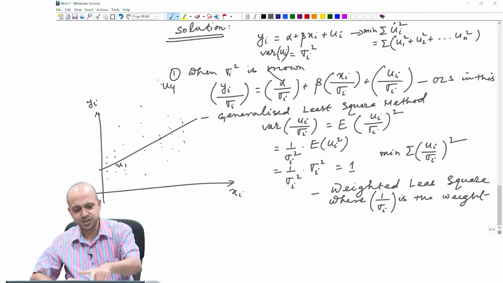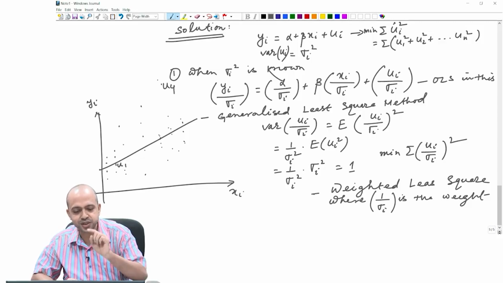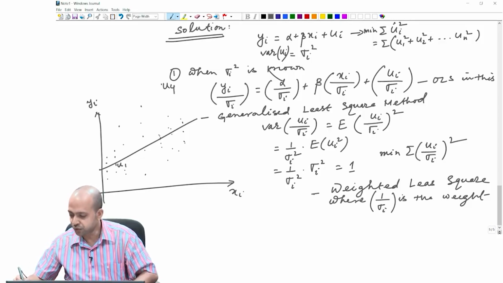But the question is, this is all right, you can transform the equation when sigma i square is known, but when it is unknown, then what will you do?